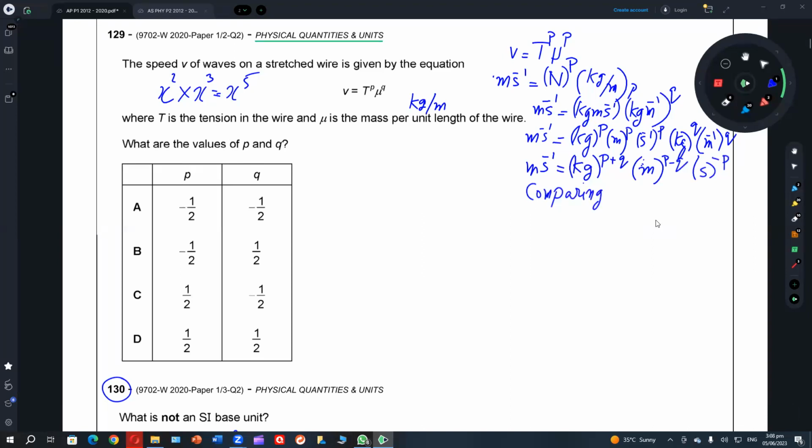I'm comparing them. Here, meter power is 1. On left side, the power of meter is 1. What is the power on the right side? P minus Q. Good. Left side power is minus 1. S power minus 1. So it's minus P. Something is getting wrong.